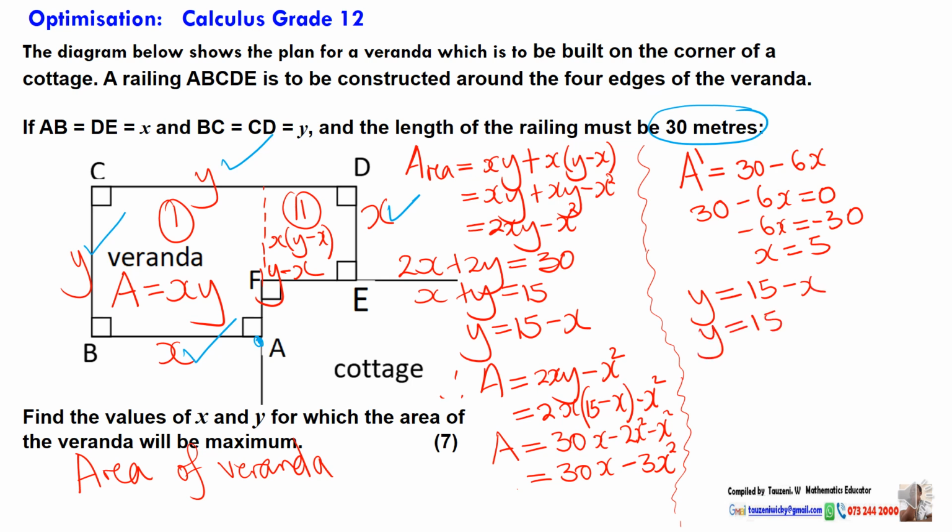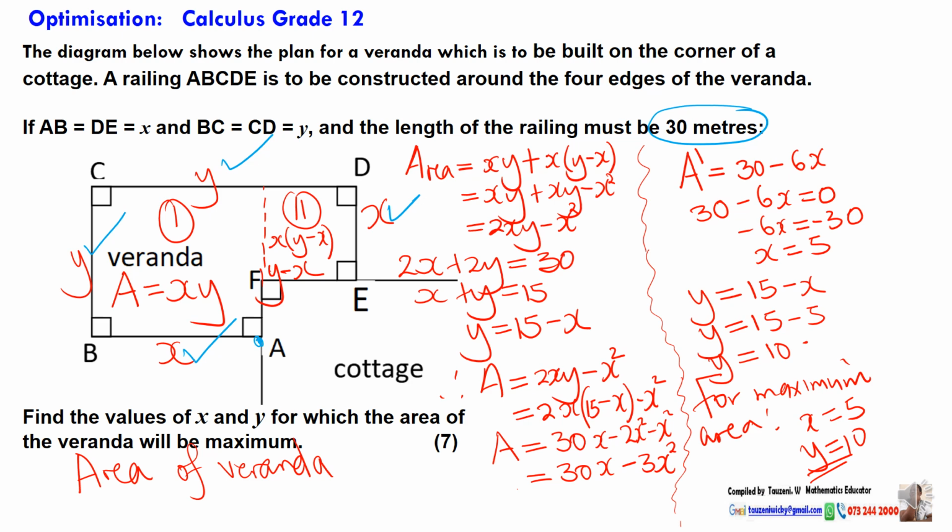Therefore, y is equal to 15 minus 5, which gives me y is equal to 10. So that is our answer. So we can now say for maximum, if we want to find the maximum area, then the value of x should equal 5 and the value of y should equal 10. Our question is answered. This is optimization questions, calculus, grade 12.